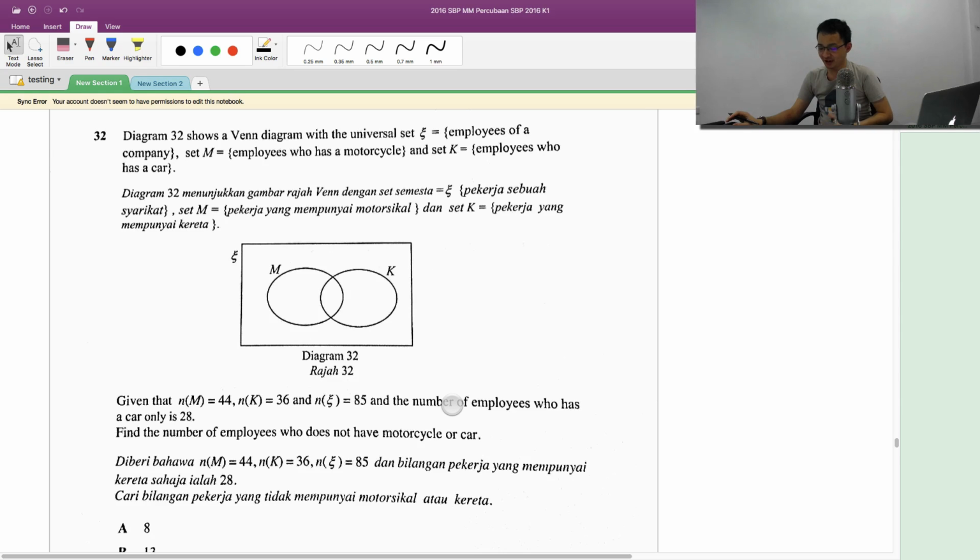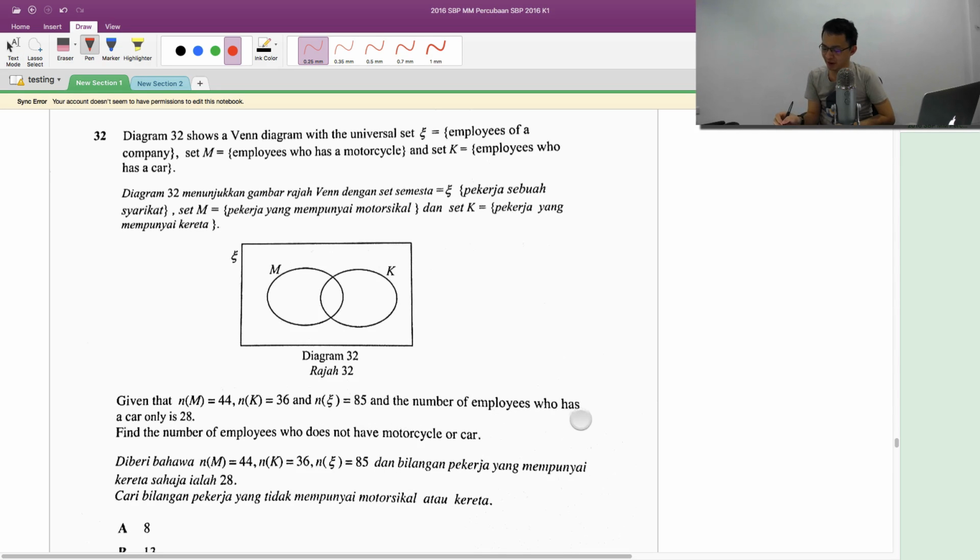This is the Venn diagram and the universal set is the total employees. The whole rectangle here is the total, and M is the employees who have a motorcycle, and K is the employees who have a car. I guess K stands for kereta in Malay. So the total number of M is 44, the number of K is 36, and the total is 85.